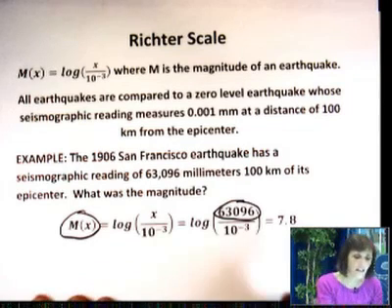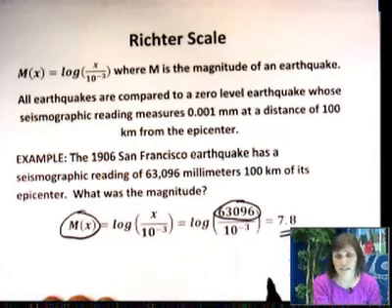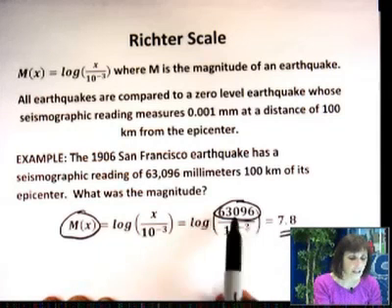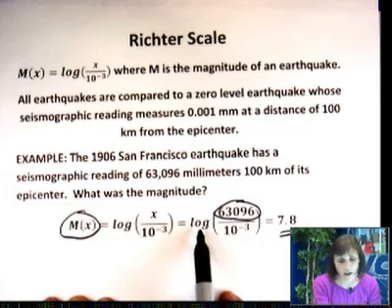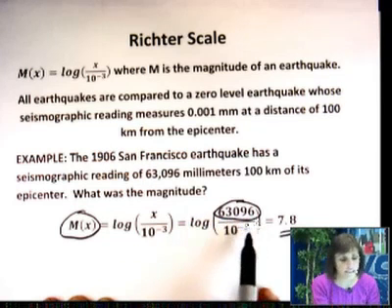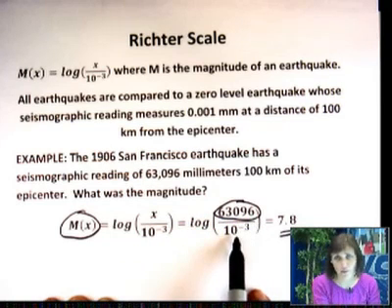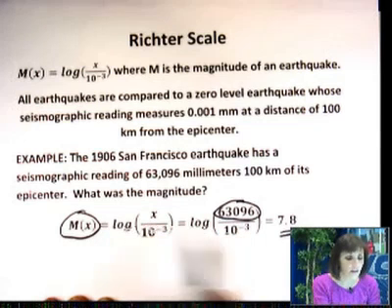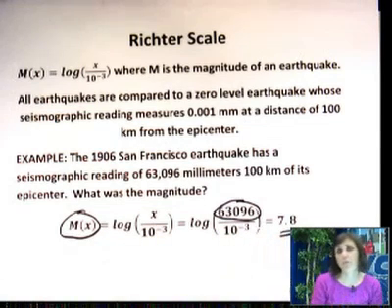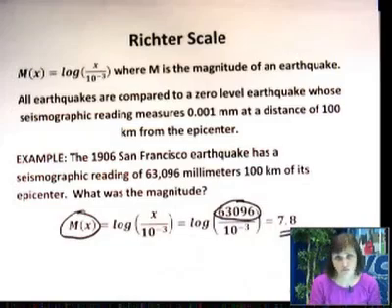But look at it, this one was very, very high, 7.8. Plug it in. You're going to put the log of 63,096 divided by 10 to the negative third, and then take the log of that. You're going to end up with 7.8. That is a very strong earthquake.